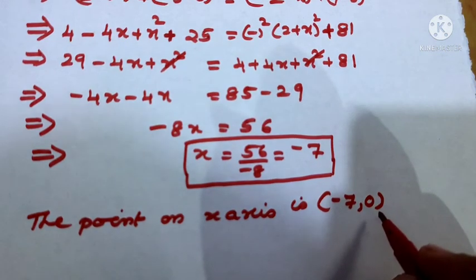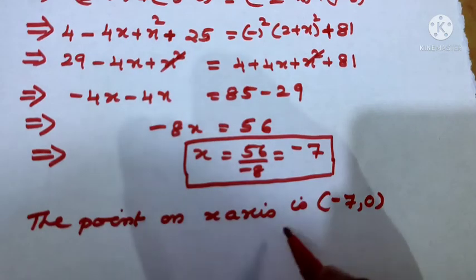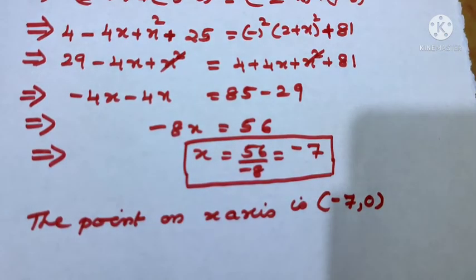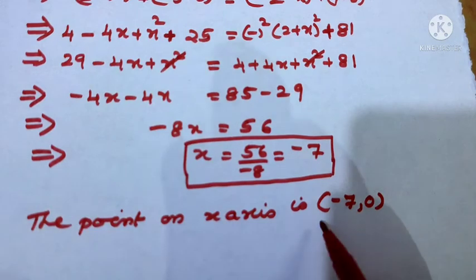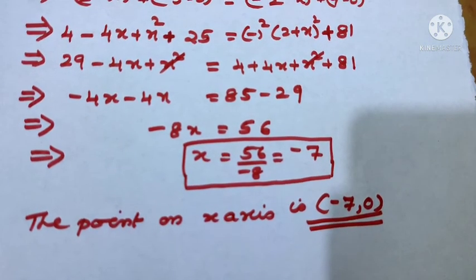Children will always forget to write this. The question asks not to find x, it asks to find a point on the x-axis, so we must write this answer in point form: minus 7 comma 0. If you are not writing in point form, you will lose the mark. So read the question carefully, then you can understand why we have written like this.